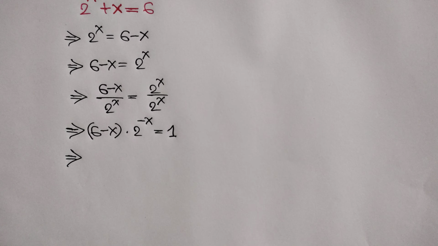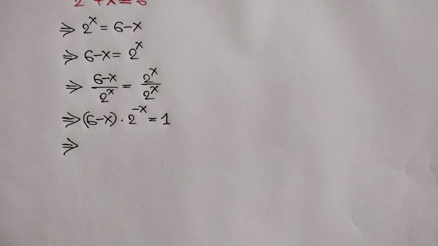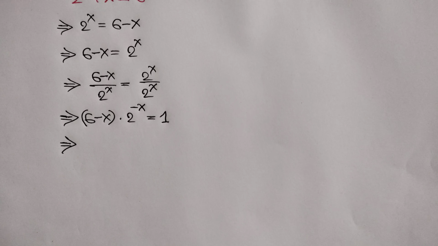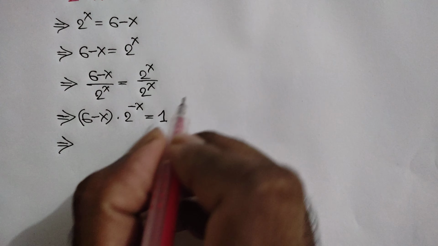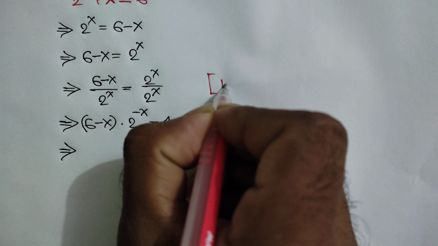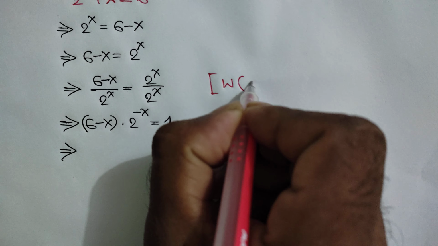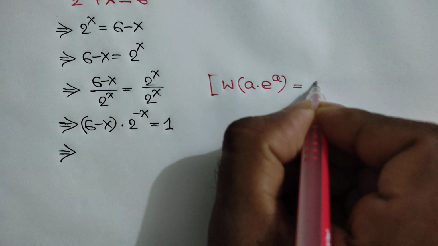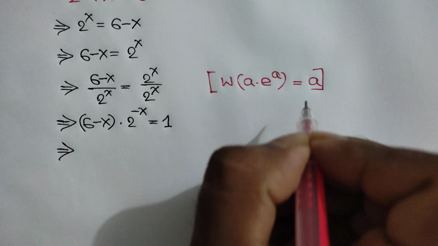Here we want to use the Lambert W function. We know that the Lambert W function: W of a times e to the power a is equal to a.